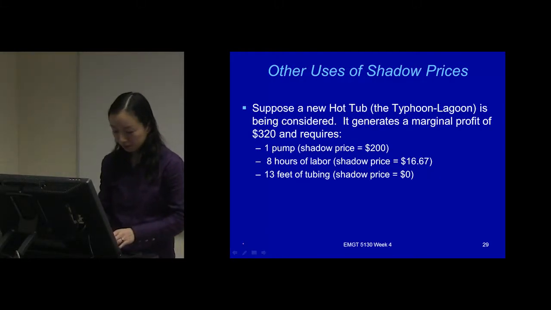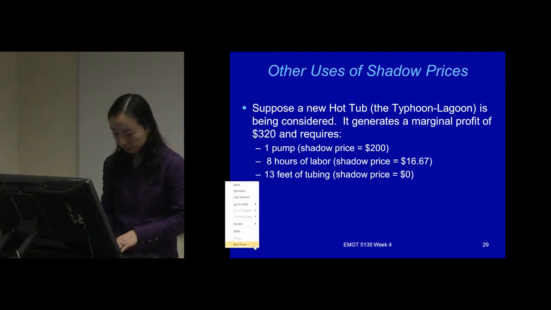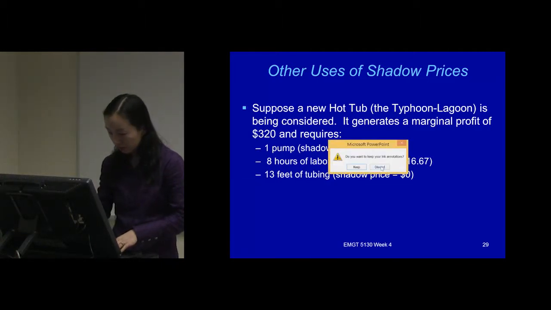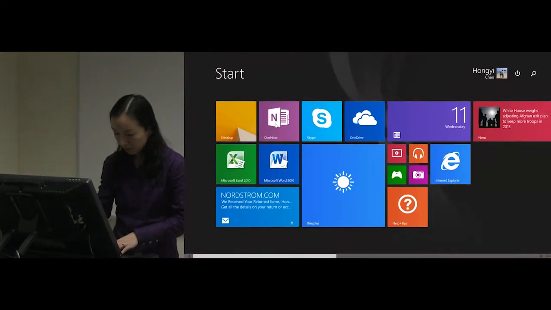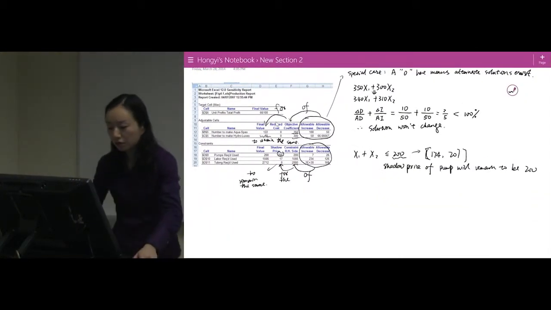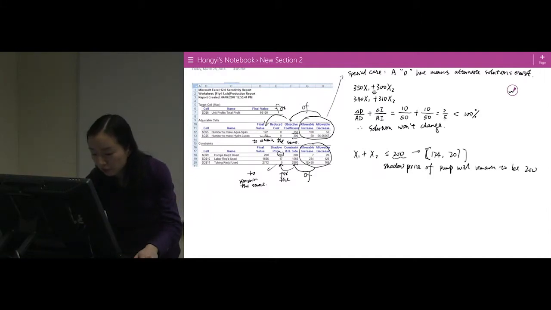Okay, let me go back to this note again. So we talk about how for those shadow prices to remain the same, the change to the right-hand side needs to be within the allowable increase and decrease.